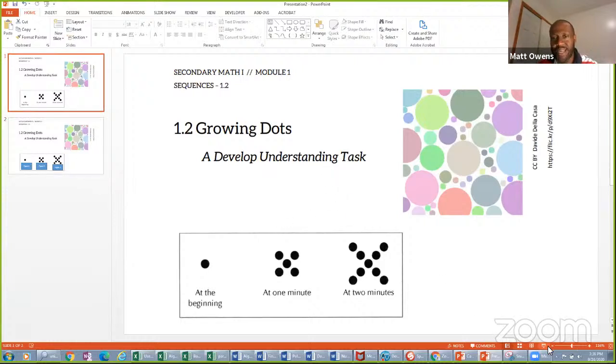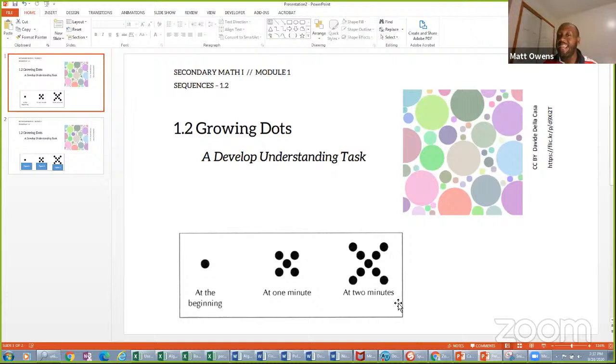In this case, the growing dots task is a task where students are engaged with looking at a progression of dots in that pictorial pattern. Again, going back to Lindsay's practice of multiple representations, this allows a chance for students to really see how this progression builds. In this case, we have 3 different declarations here at the beginning, at the first minute, at 2 minutes.